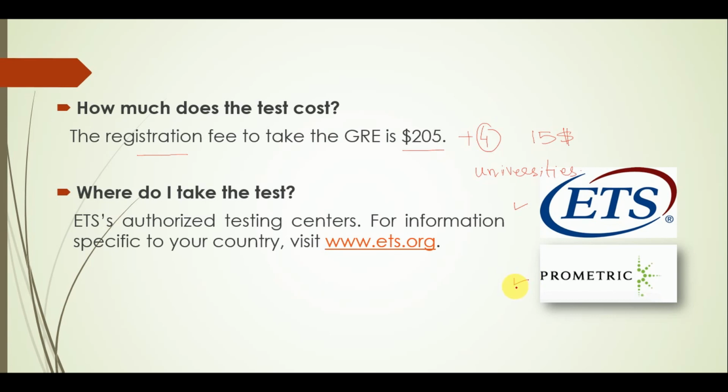Prometric has hundreds and thousands of centers around the world, and there are very good chances that your country has one of these Prometric centers in one of the cities. So if you want to take the GRE, you will probably take the test in one of the centers at the Prometric organization.